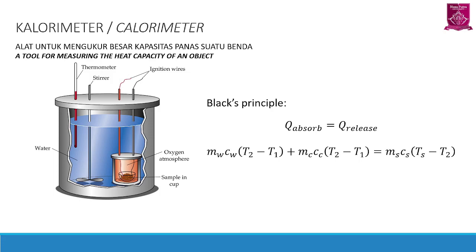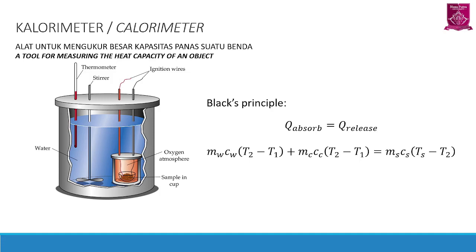And the next is the calorimeter. A calorimeter is a tool for measuring the heat capacity of an object. So I put the sample here in a cup, and I heat it with an ignition wire, and this is water. The water will be stirred by a stirrer here, and there is a thermometer.